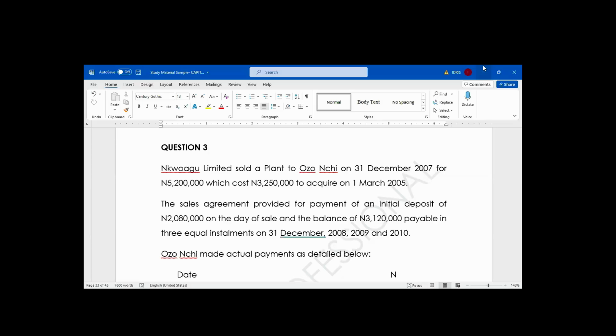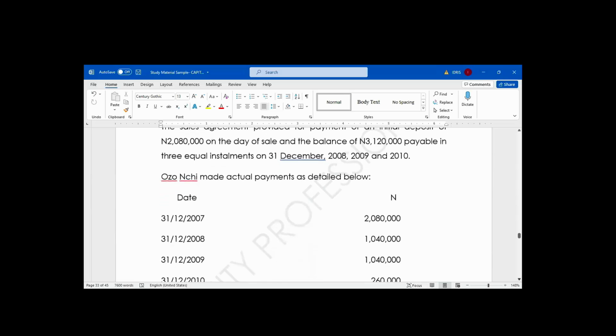The sales agreement provided for payment of an initial deposit of 2,080,000 on the day of sale, and the balance of 3,120,000 payable in 3 equal installments on 31st December 2008, 2009, and 2010. Ozonchi made actual payment as detailed below.